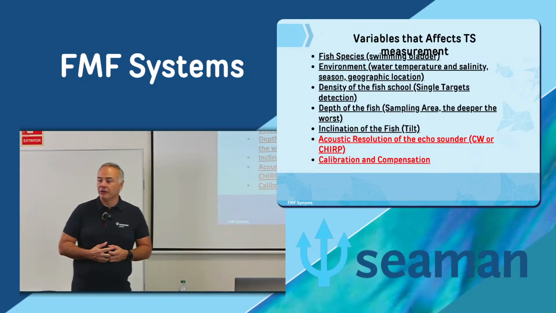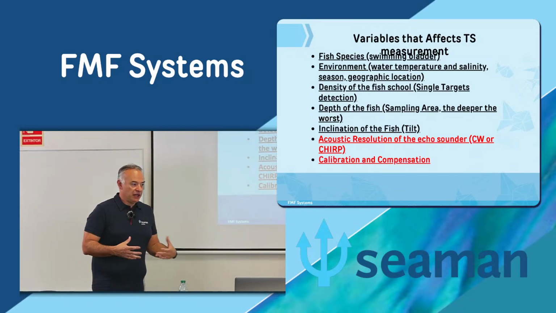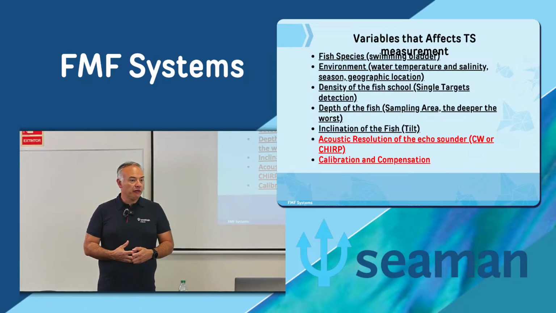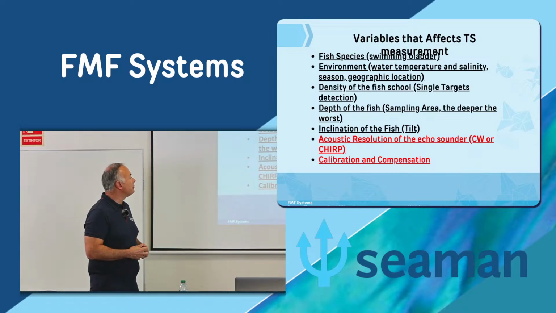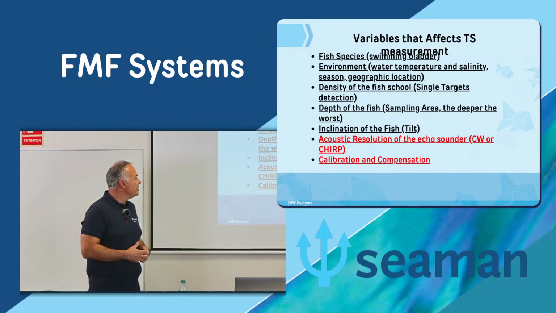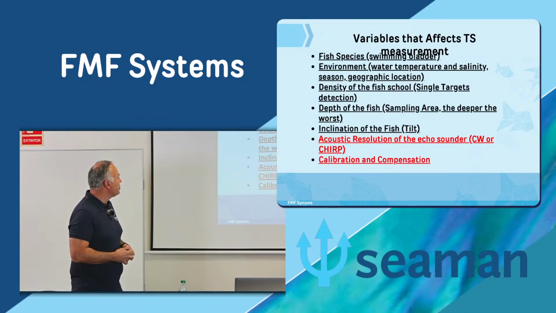The environment: water temperature, salinity, the season of the year, the geographic location. The density of the fish is also a very important variable. If you have a big concentration of fish, then you will not be able to get single targets out of that sample that you took, so it's going to be very difficult to measure.